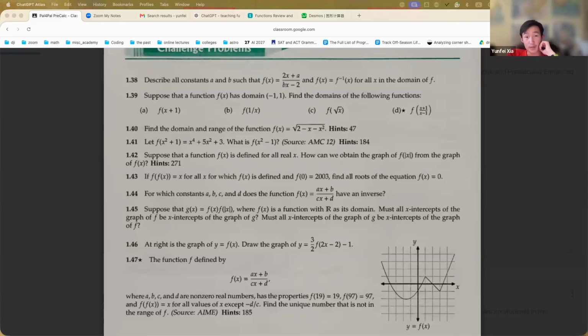All right, I'm gonna explain 1.47 now. Let me stop sharing so I can change this screen to my other screen for a second.